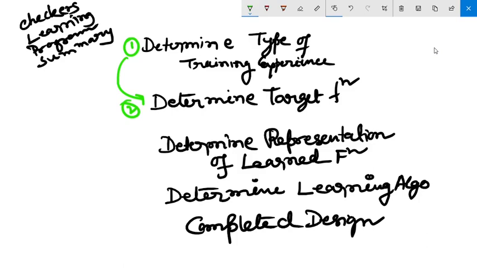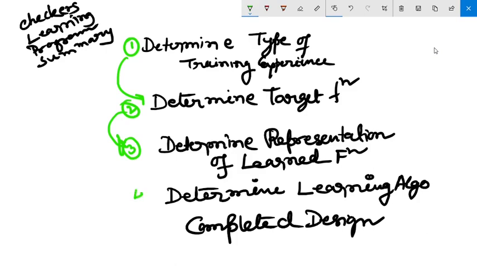Then, at point number three, we have to determine the representation of the learned function. For the learned function we have a polynomial or linear function of six features, and we can also use artificial neural networks to achieve this.